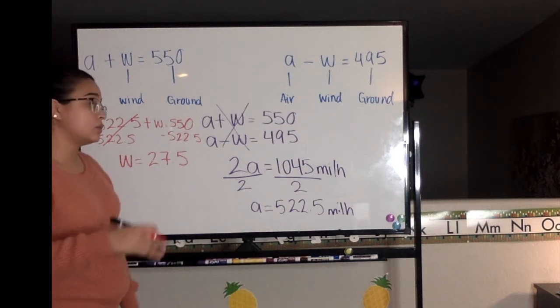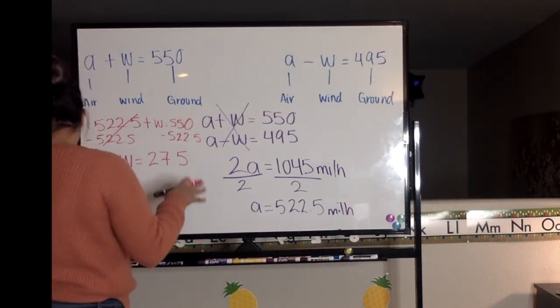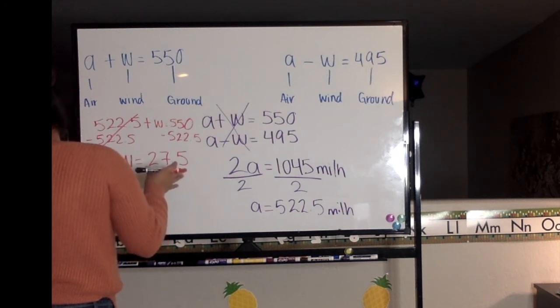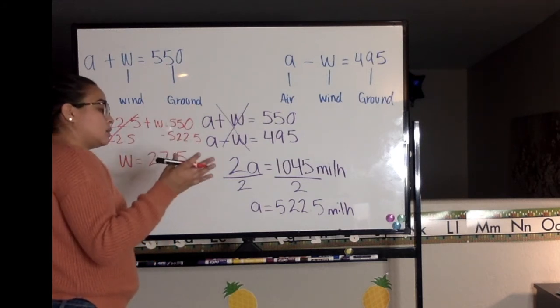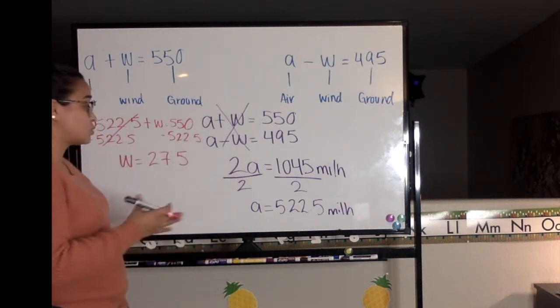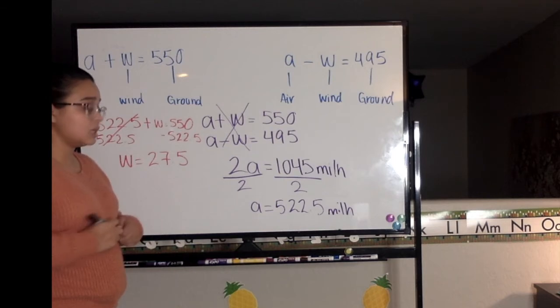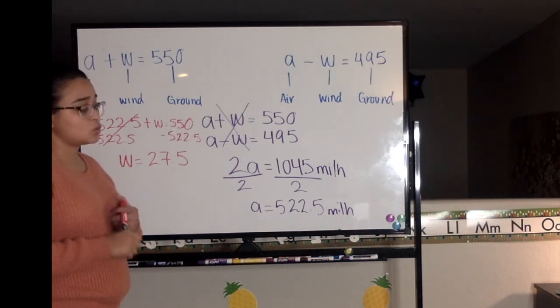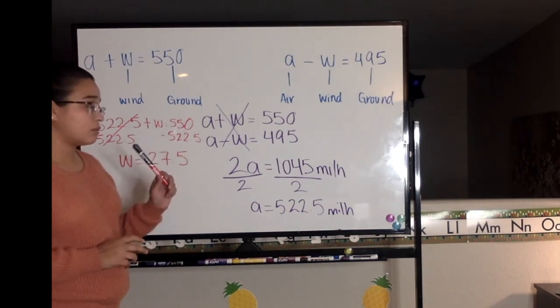So now we know that our wind speed was 27.5 miles per hour, and our air speed is 522.5 miles per hour. Those are the values that we got from those two.